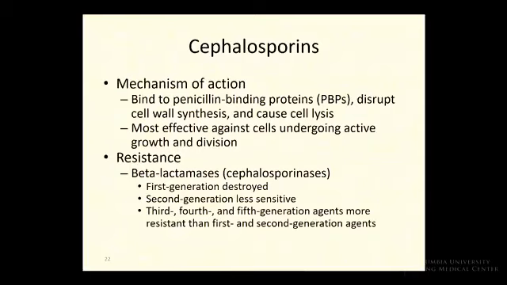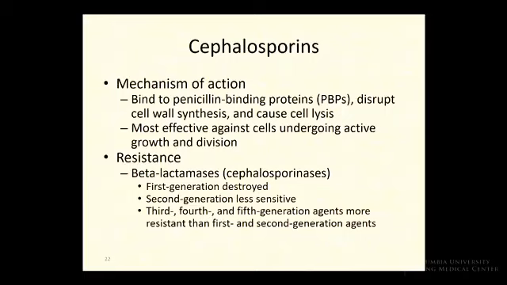So cephalosporins have actions similar to penicillin, and in fact, they also bind to similar targets. So the targets on the bacteria that penicillin binds to, we refer to as penicillin binding proteins, and cephalosporins bind to those same proteins.